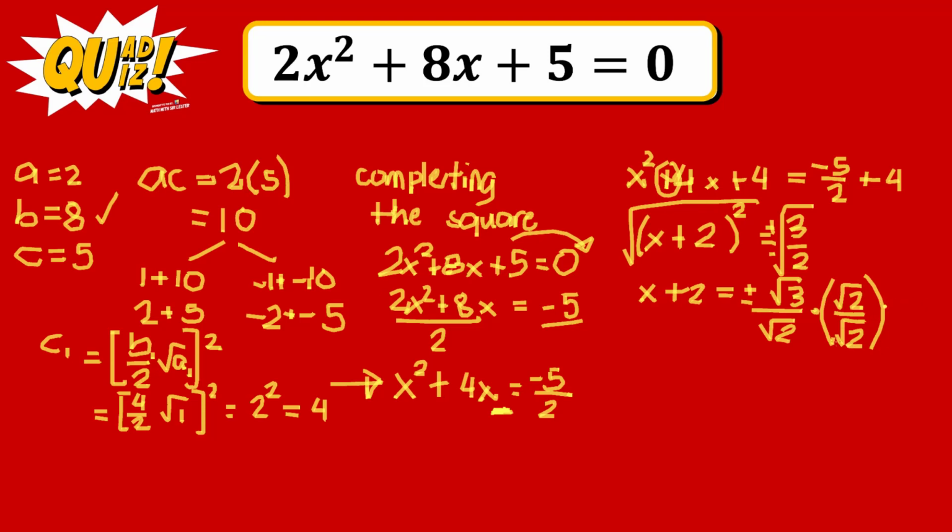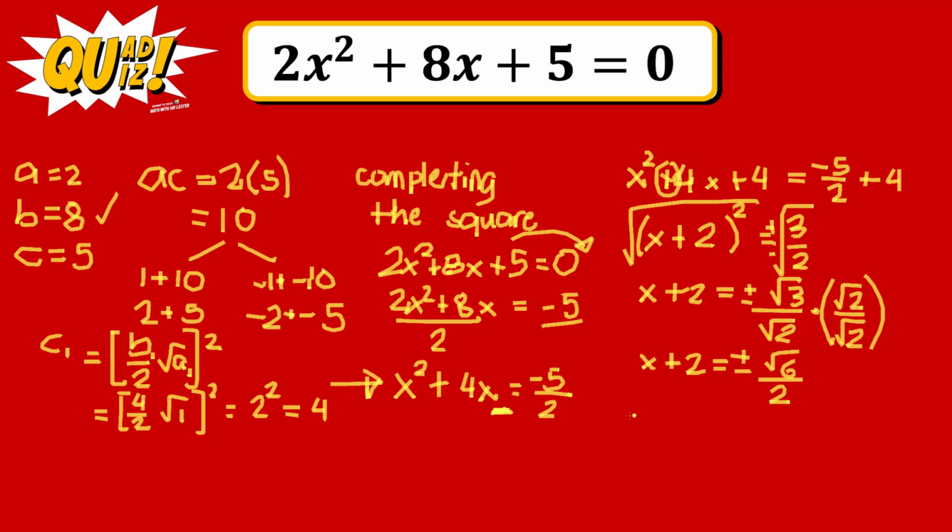So when you rationalize this, you'll have x plus 2 is equal to positive negative square root of 3 times 2, which is 6, and your denominator now is a rational 2. That's why it's called rationalizing denominators. Square root of 2 times square root of 2 is actually square root of 4, which is 2.